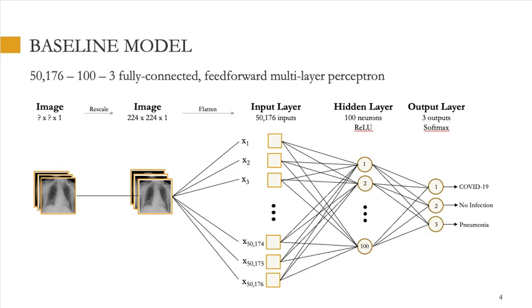From the hidden layer, the information is then sent into the output layer with 3 outputs corresponding to whether the chest X-ray image pertains to someone with COVID-19, that has no infection, or that has pneumonia, and this output layer employs the softmax activation function.